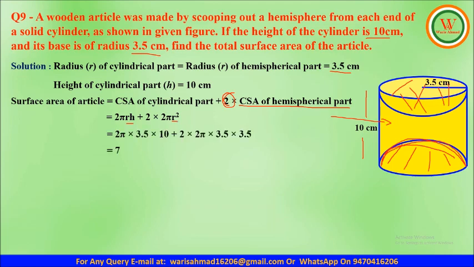So that will be equal to 70 pi plus 49 pi, and after adding these two we will have 119 pi, or that can be written as 119 multiplied by, in place of pi we can write 22 upon 7. 119 is divisible by 7, so here we can write 17 into 22. And finally we have 374 centimeter square. So the total surface area of this article will be equal to 374 centimeter square.